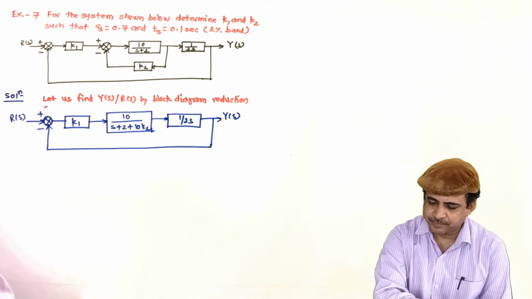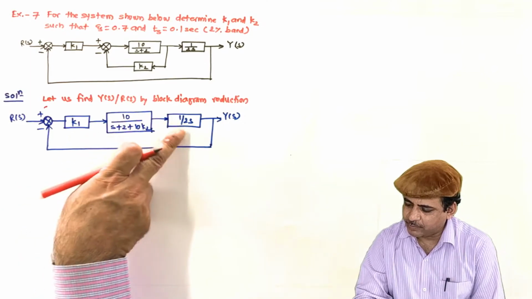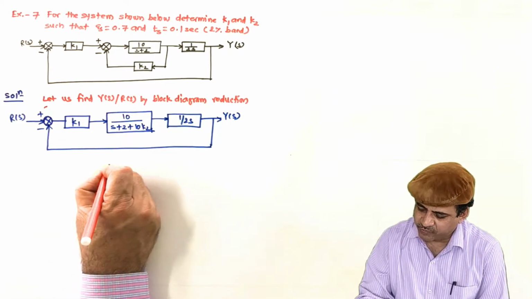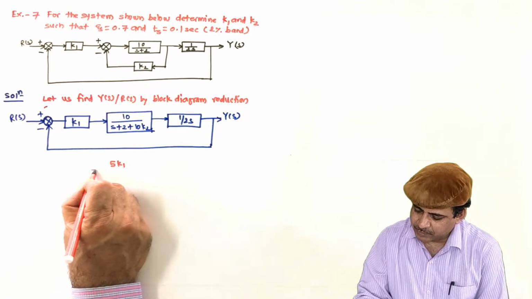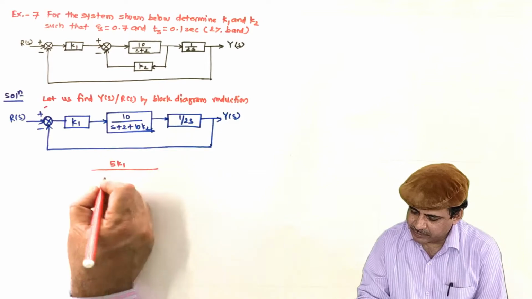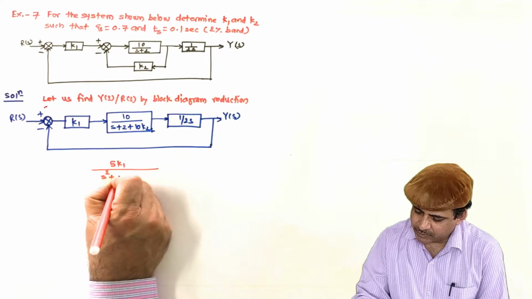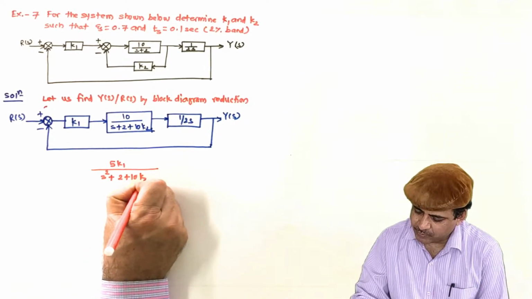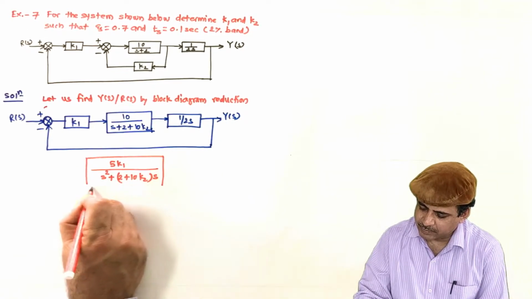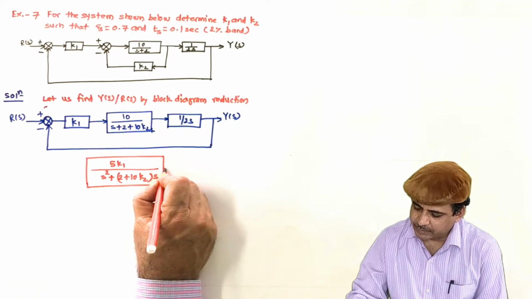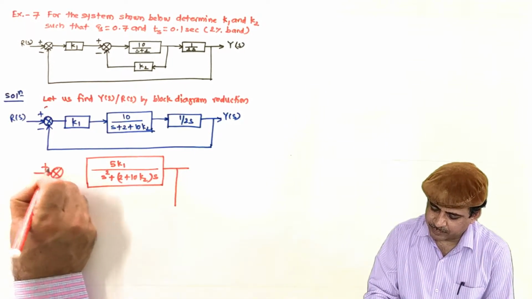So it is nothing but this 10 and 1 by 2s will give me 5, so it will be 5K1 divided by s, which gets multiplied with this, so s square plus 2 plus 10K2 s, and then unity feedback.